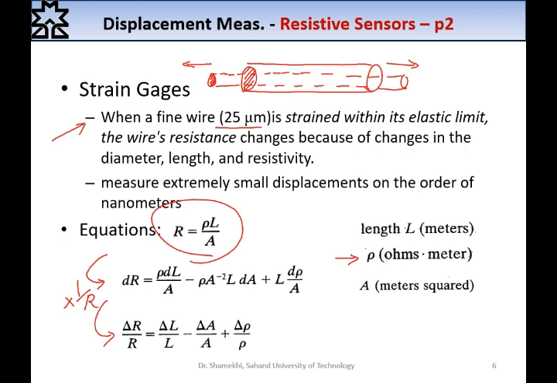And as you can see, delta R divided by R equals delta L divided by L minus, focus on these signs, minus delta A over A plus delta rho divided by rho.